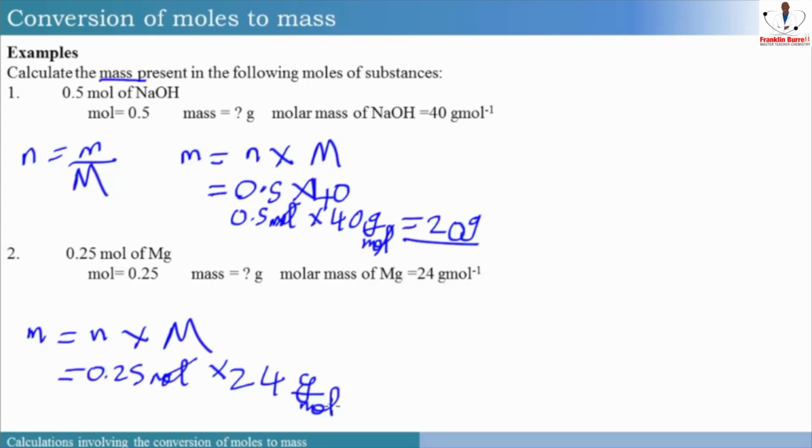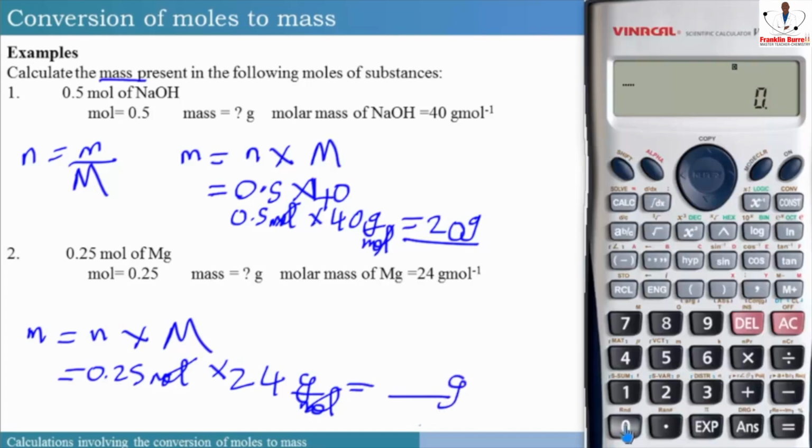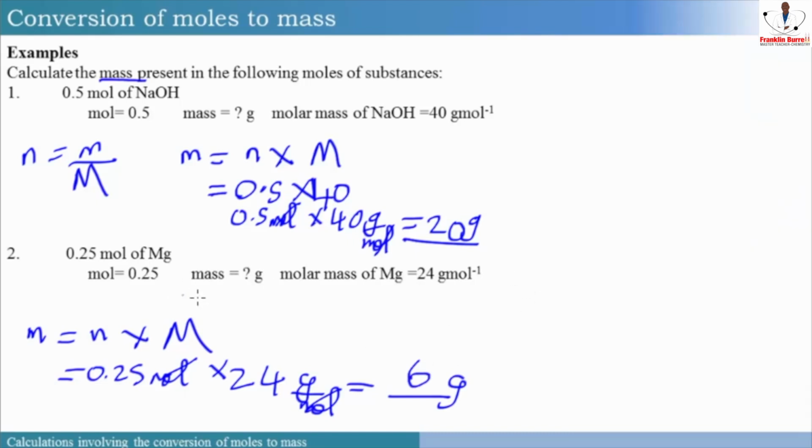So again, mole will cancel mole. Our answer must be in grams. So 0.25 times 24 is equal to 6. So this value is saying that 0.25 mole of magnesium is present in 6 grams of magnesium.